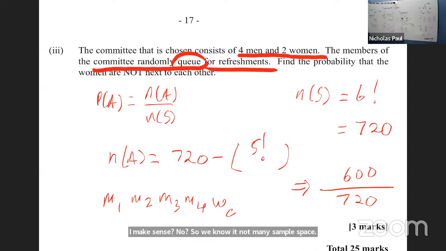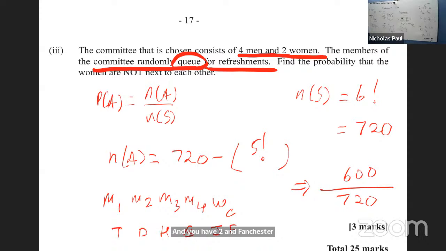Find the probability that the women are not next to each other. So let's put the women together and subtract from the total. If we put the women together, we have 5 factorial. How much is 5 factorial? But when you switch them around, that will also be part of the queue. So you have Tom, Dick, Harry, Bob, and you have Jill and Francesca.